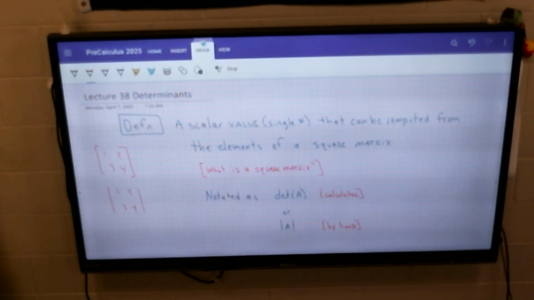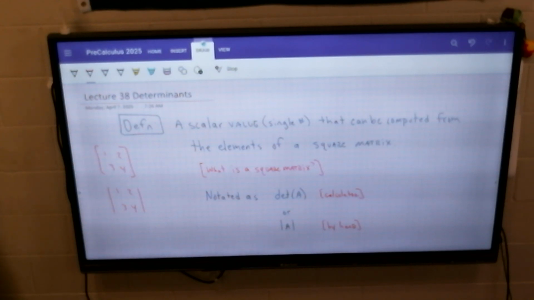We'll talk about how we apply it in a little bit. But you can only have a determinant of a square matrix. So in the systems of equations we were just dealing with, the augmented matrix, the left-hand side was a square matrix. So I can take a determinant of the left-hand side with the answers, and we'll see how that works here in a little bit.